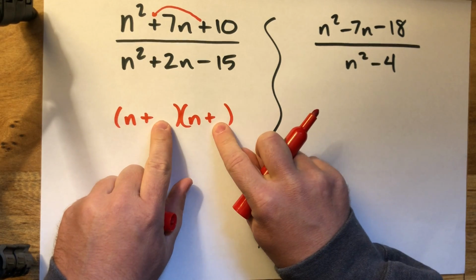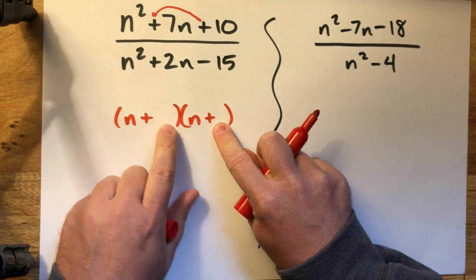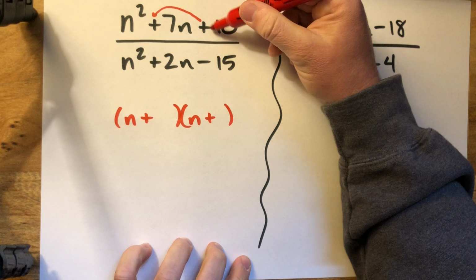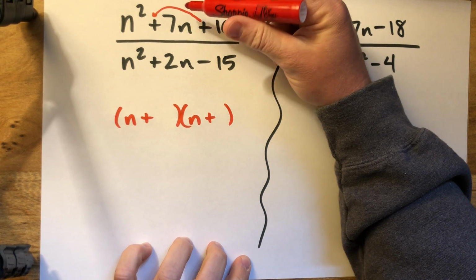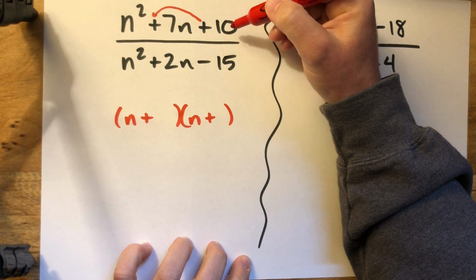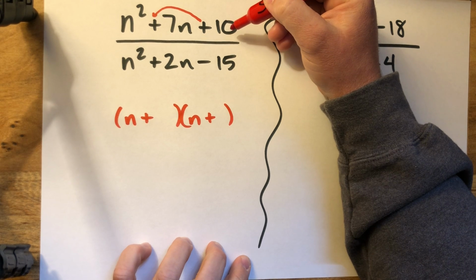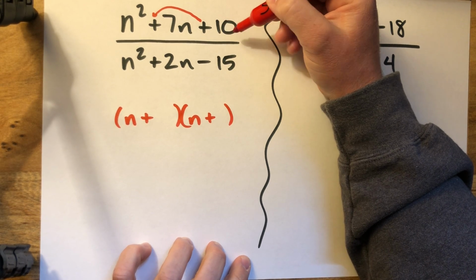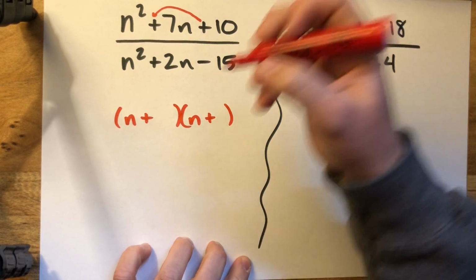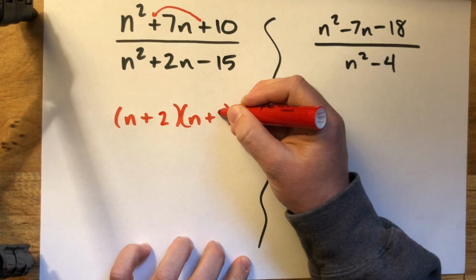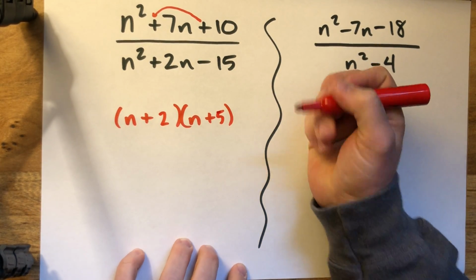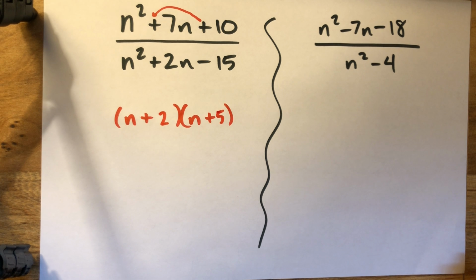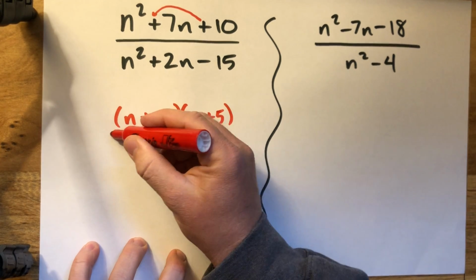For my second factors in my binomials, I'm looking at factors of 10 that add to be 7. So the factors of 10, well, 10 and 1 won't work. 2 and 5 would add to be 7, so that's what we're going to go with, 2 and 5. And now n squared plus 7n plus 10 is factored to n plus 2 times the quantity n plus 5. That's a good job.